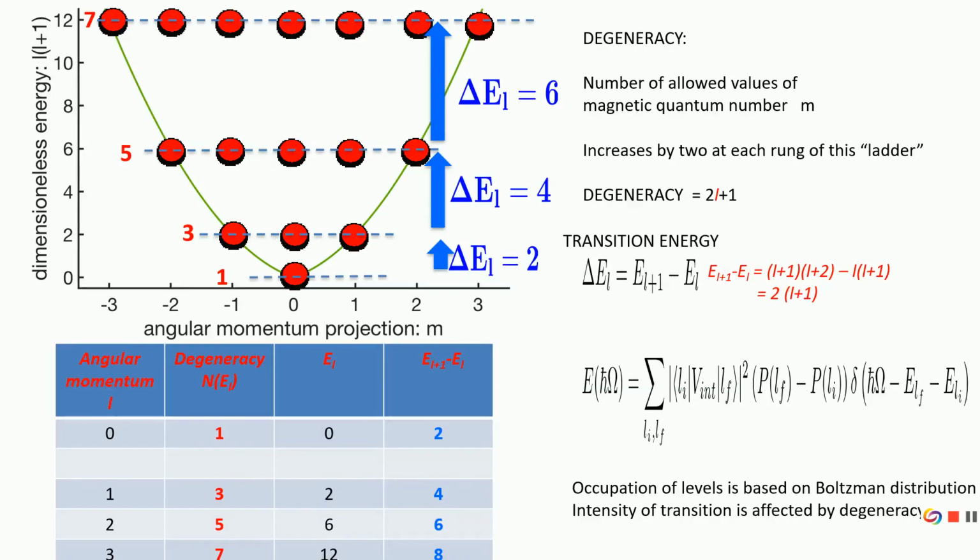And if we want to be meticulous and organized, we can put it in a table. So angular momentum, degeneracy, S, P, D, F. Right? What else can we learn from it?